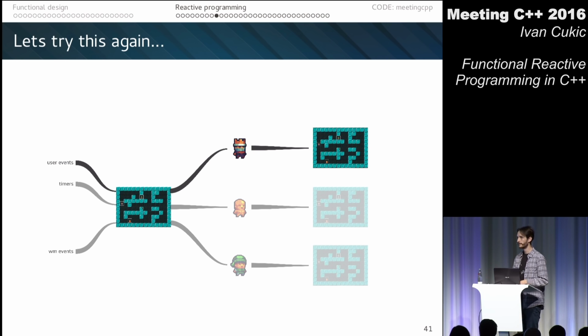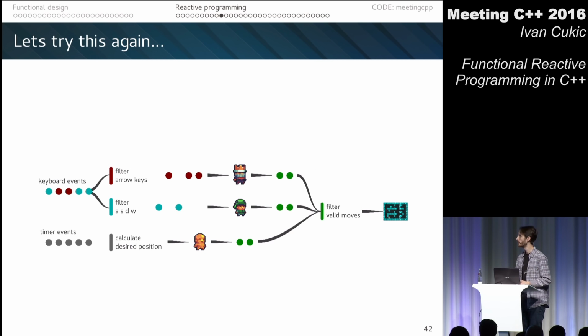Now, if we want to show what the design of this thing is from the transformation view, we have keyboard events, so a series of events from the left. Then, if it's arrow keys, filter arrow keys and pass it to the king. If it's A, S, D, W, then filter on those and pass those keys to something that looks like an elf.